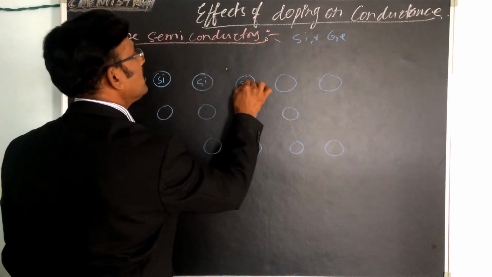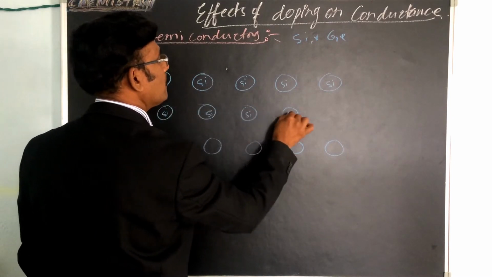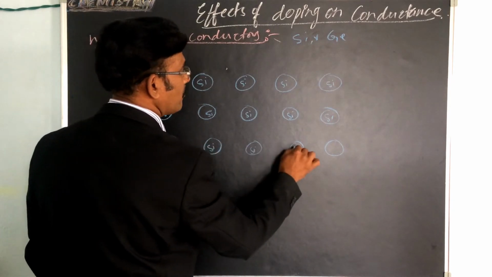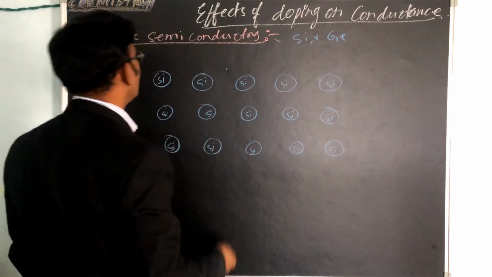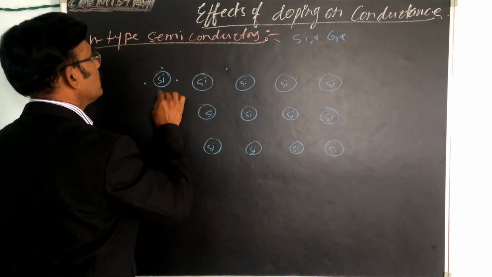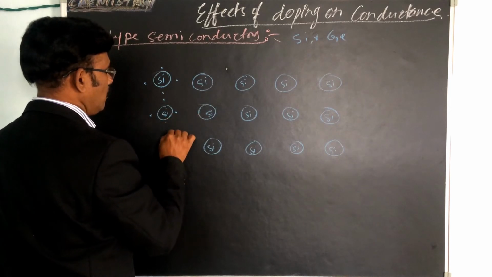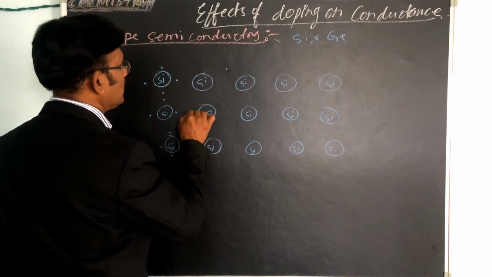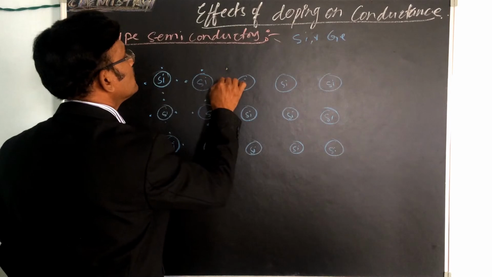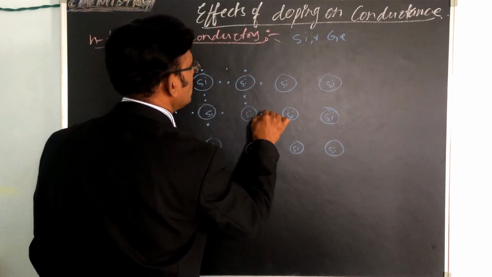Silicon, silicon, silicon, silicon. Silicon has 4 valence electrons: 1, 2, 3, 4.